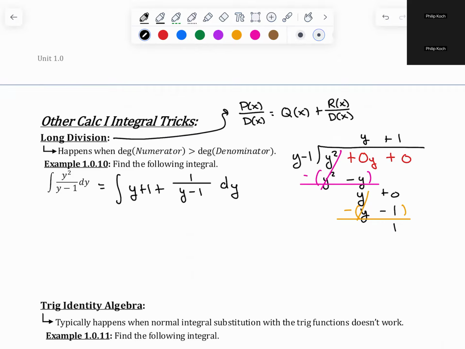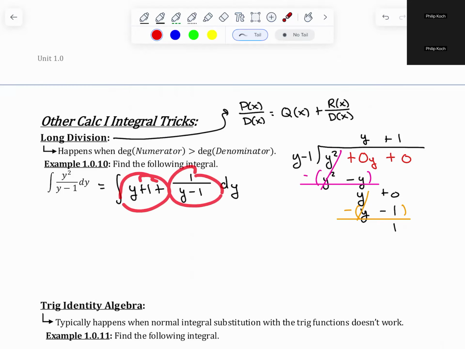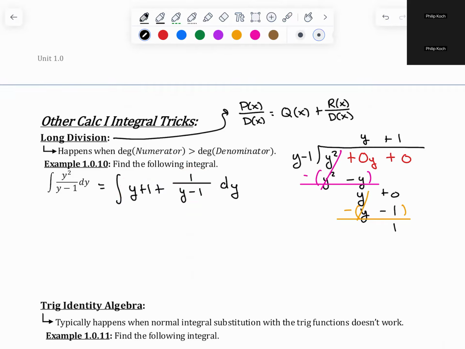That's what the division algorithm says: if you take two polynomials and divide p of x, which we call our dividend, by our divisor, you get a quotient plus the remainder divided by your divisor. So this is our quotient, and this is our remainder. That's why we've converted it into a quotient plus our remainder divided by our divisor. And now it's a lot more approachable.